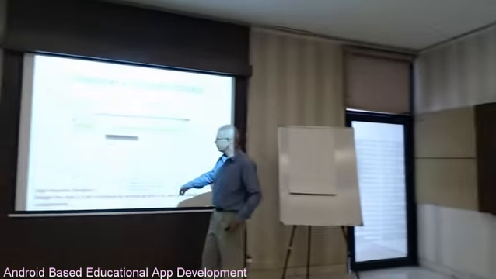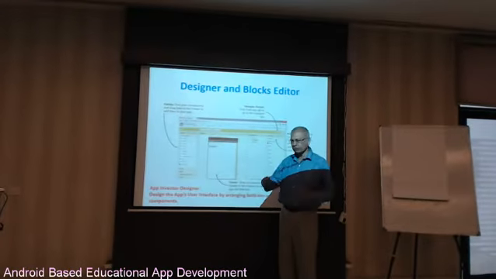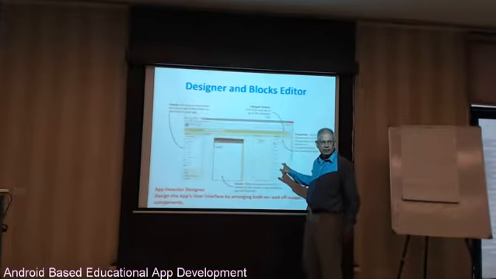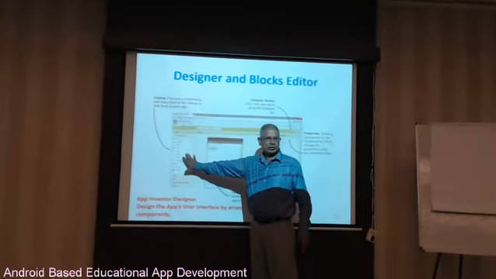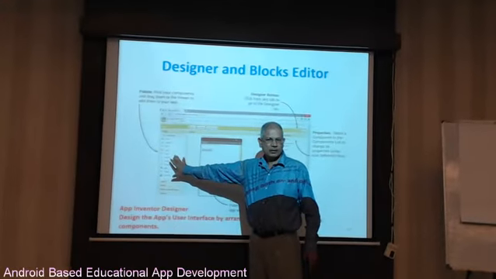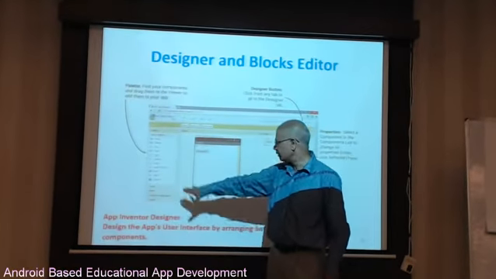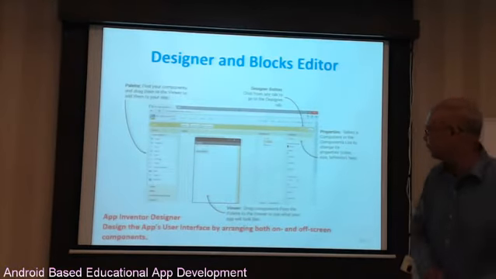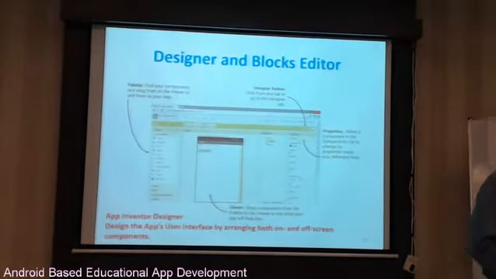Designer mode means whatever the Designer mode or a Blocks mode, it has these four compartments. The first compartment is our storehouse, and it contains a large number of things into it. The first is the user interface.